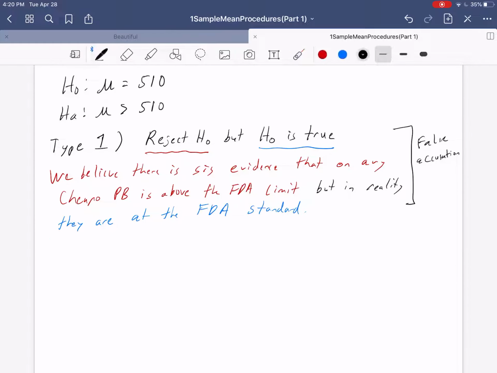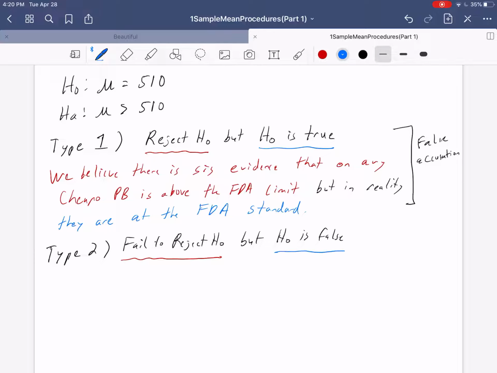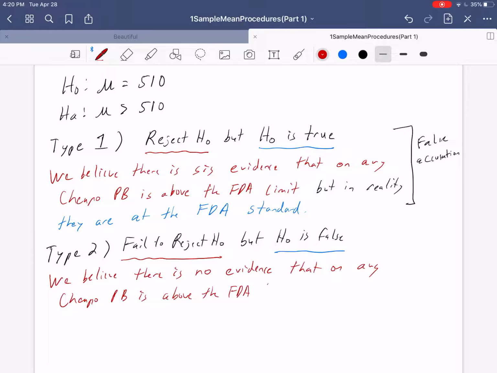Let's talk about a type 2 error. So a type 2 is where you would fail to reject H0, but H0 is false. So I'm going to do the same thing as I write this interpretation. I'll write this part, what we think, in red, and what is actually true in blue. So this is where we believe there is no evidence that on average cheapo peanut butter is above the FDA limit.